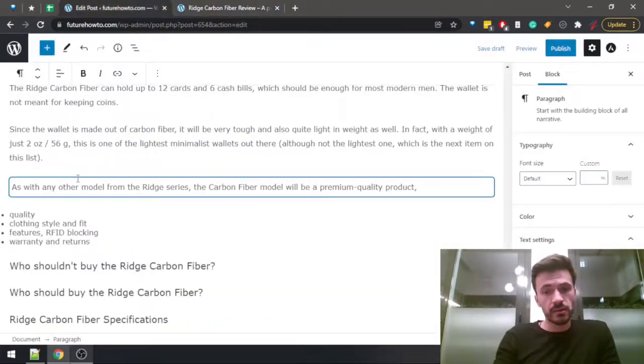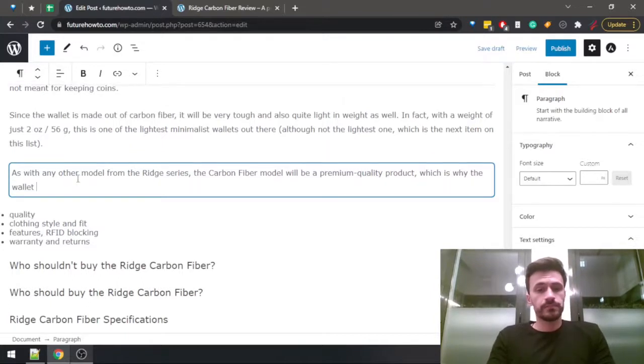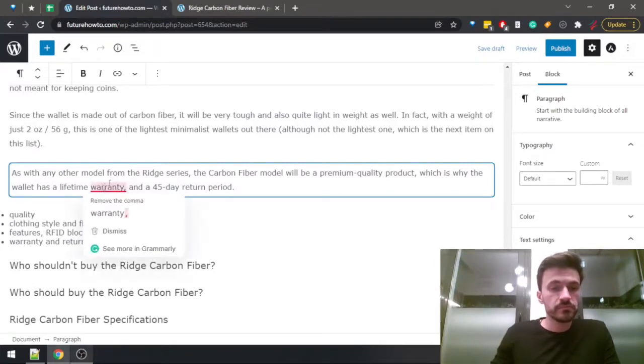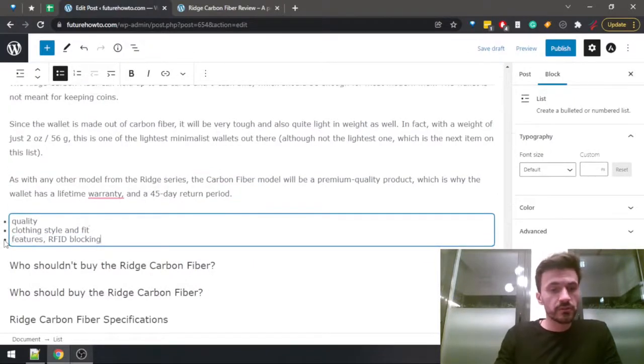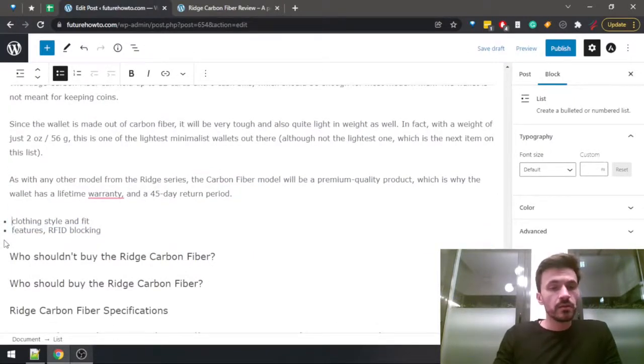So maybe we can say, which is why the wallet has a lifetime warranty and a 45-day return period. There we go. That's warranty and returns and quality.